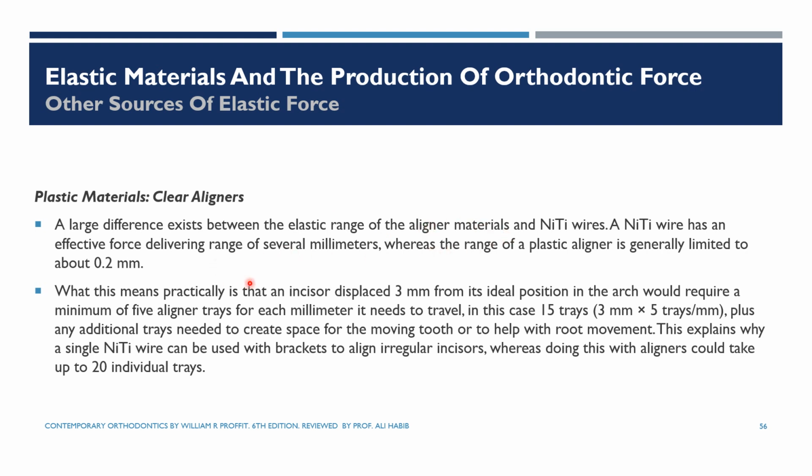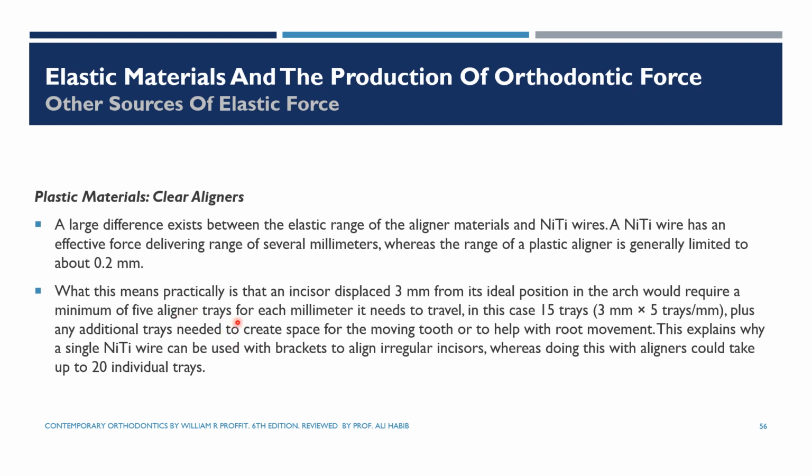So if we say that the effective force delivering range of nitinol is around several millimeters, and for the aligner is limited to 0.2, then you can tell why moving a tooth 3 millimeters into its ideal position requires many aligners, not only one wire.